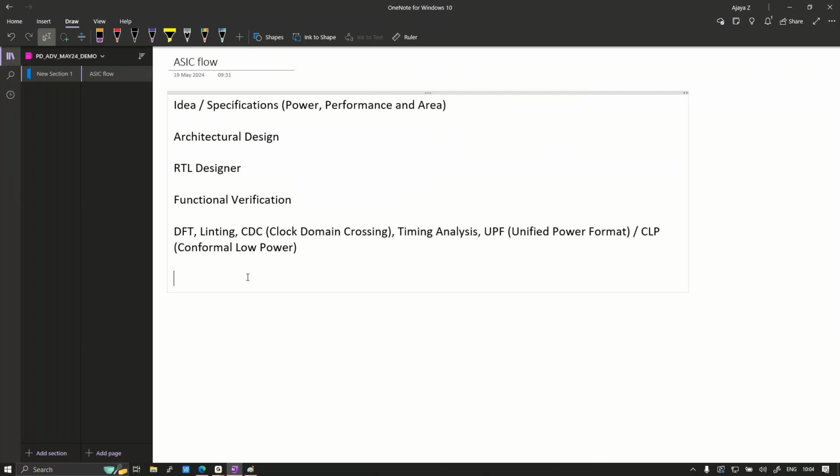Now comes a little bit more. In industries, a few companies will ask the RTL designer to have knowledge about timing analysis also.